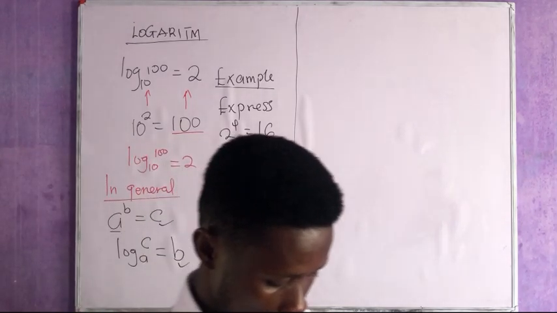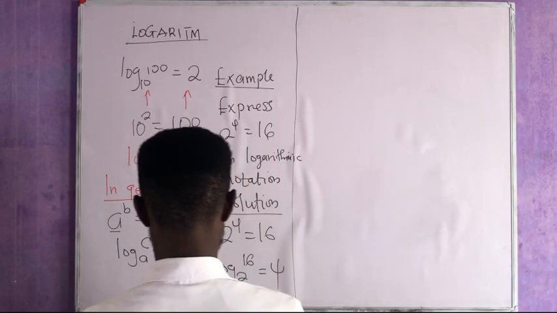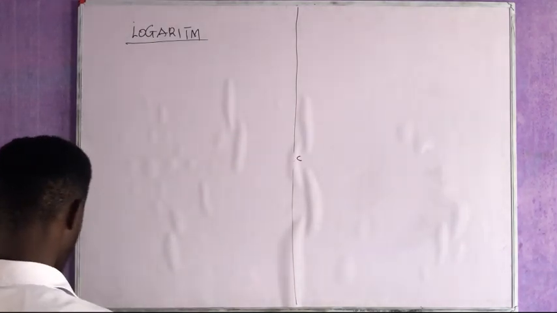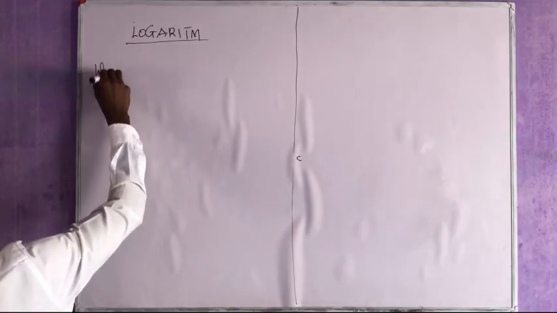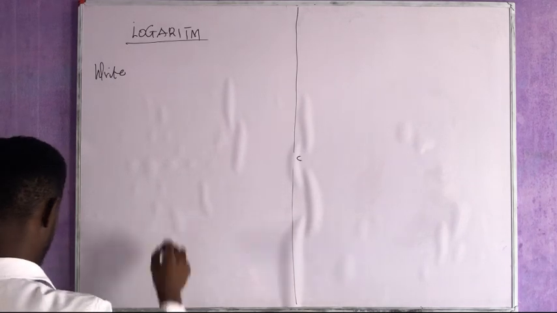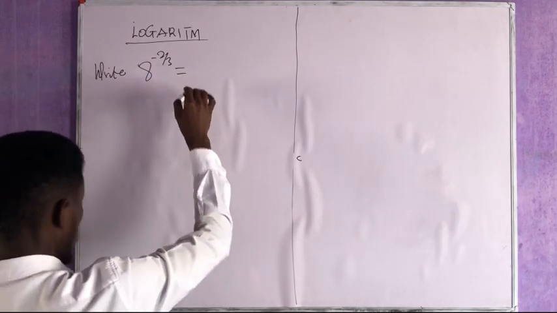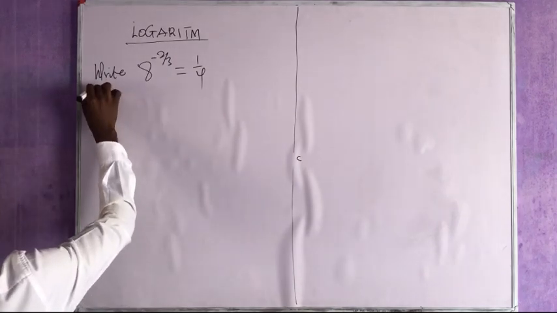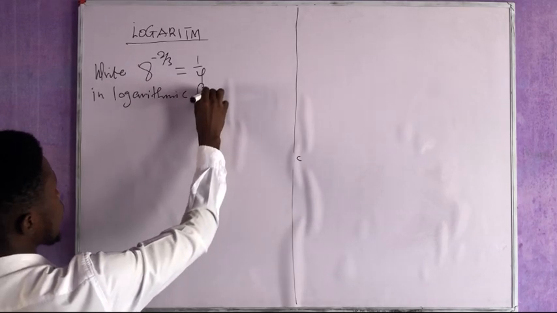Alright, now let's also look at another example. Right. Let me use a black pen. 8 to the power negative 2 over 3, which equals 1 over 4, in logarithmic form.